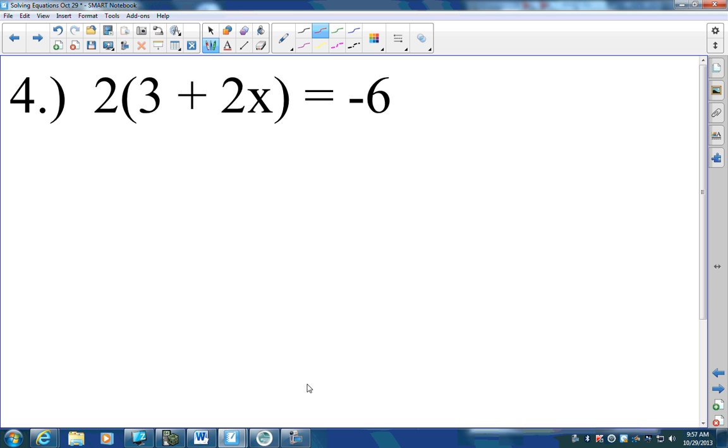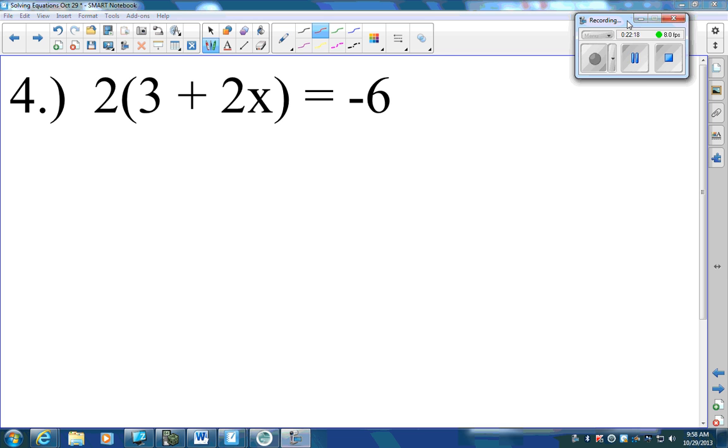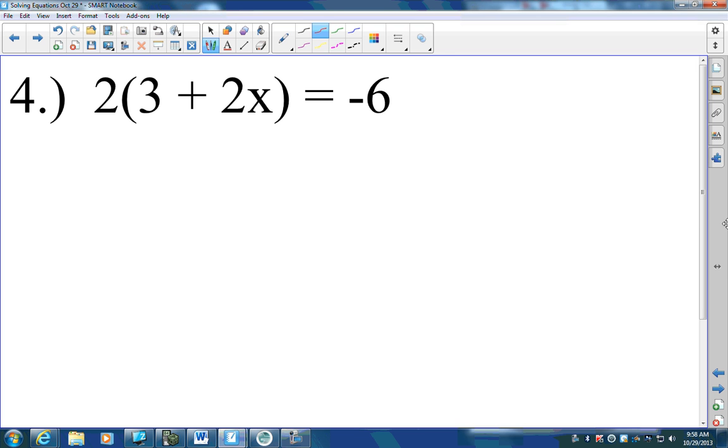All right, here's the last one that we're doing together. Do this now. So on this one, you have the distributive property. You're going to take 2 times 3 and 2 times 2x. 2 times 3 is 6. 2 times 2x is 4x.